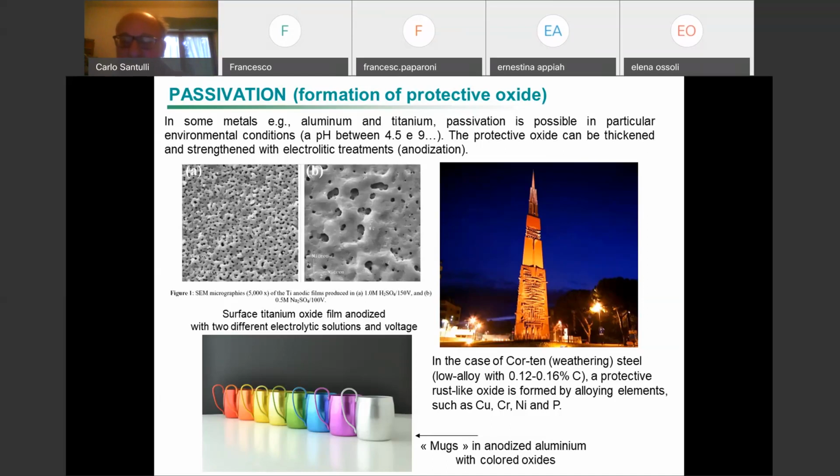in the US, and its use has been extended, especially to architecture, because it is stable. The rust-like oxide is stable.